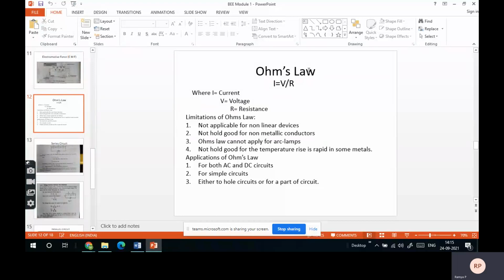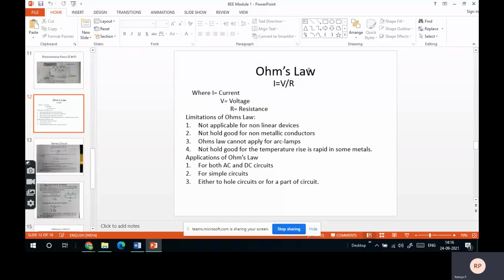The fourth one is that it does not hold good for metals with rapid temperature rise. Suppose I consider a metal used for conduction purposes, and when you use it prolongedly for a longer time, the temperature gradually goes on increasing.